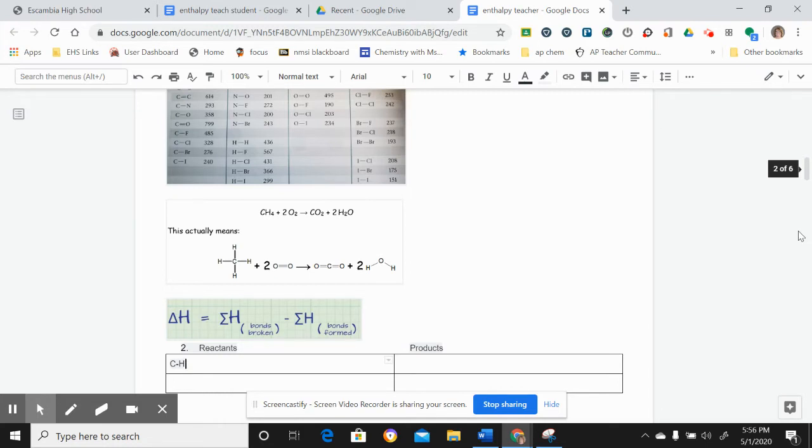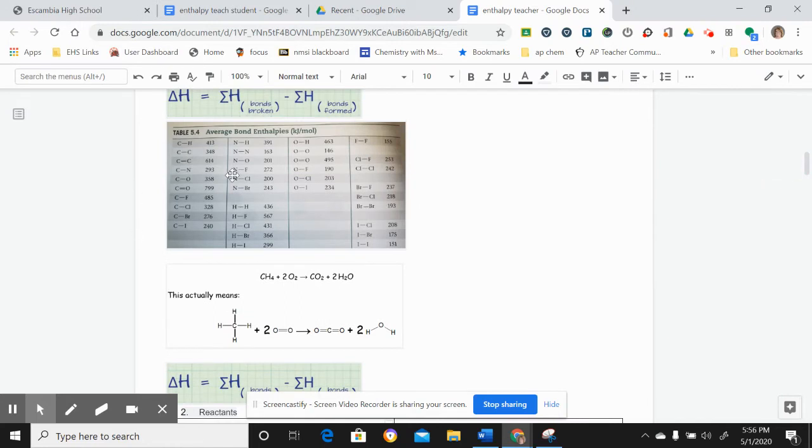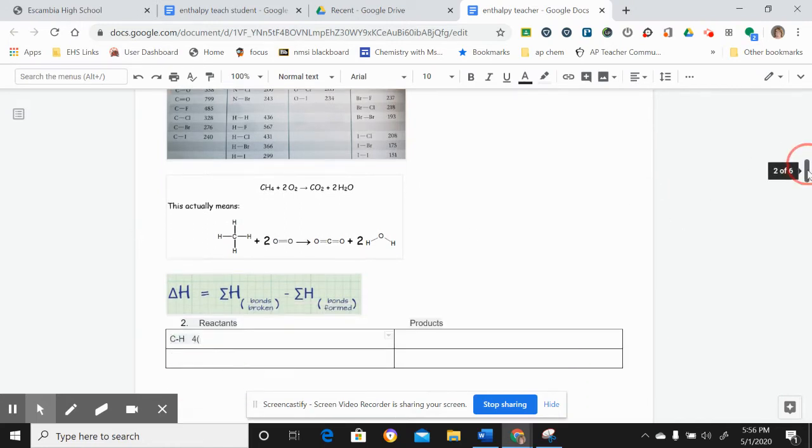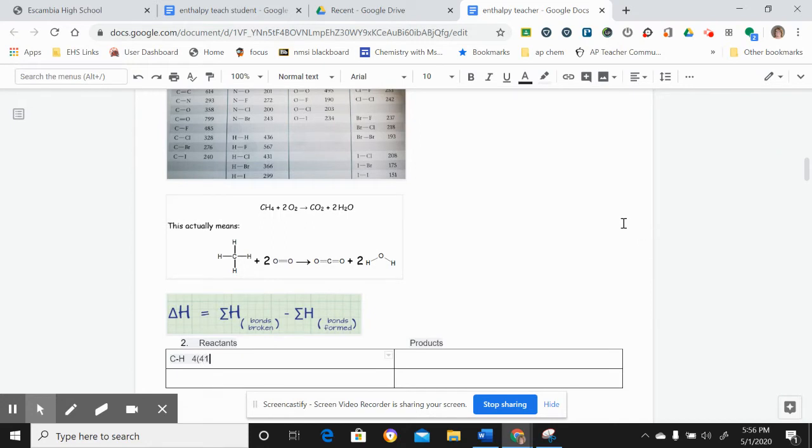I have 4 of them. I have 1 CH here, 1 CH here, 1 CH here, 1 CH here. So I have 4 of them. Now I have to look up at the chart for CH. CH is 413. 4 times 413.